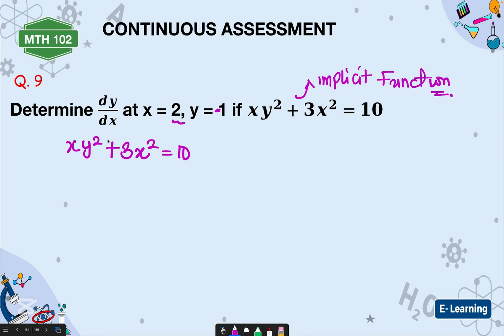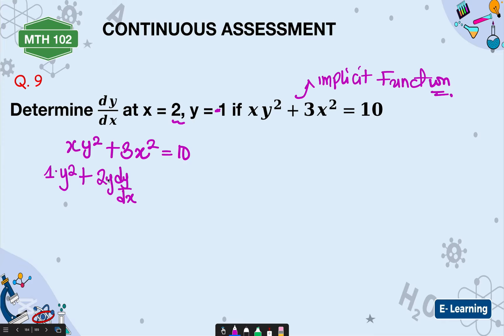So let us differentiate this. When you differentiate, you are going to consider this like the product rule. First, differentiate x. When you differentiate x, it's going to give us 1, right? Multiplied by y squared, so 1 multiplied by y squared, plus differentiate y squared, which is going to give us 2y, but then you are going to add dy/dx, right?